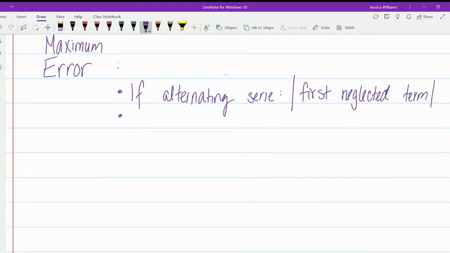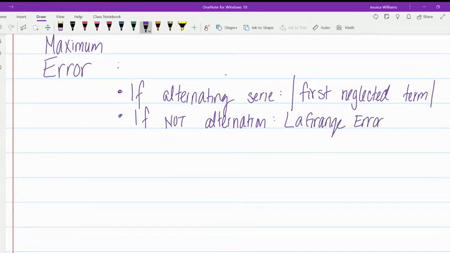If not alternating, then we do this error called Lagrange error. Sometimes it's called remainder. So those 2 words are used interchangeably here.